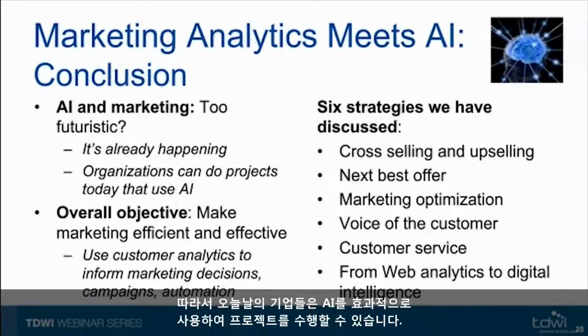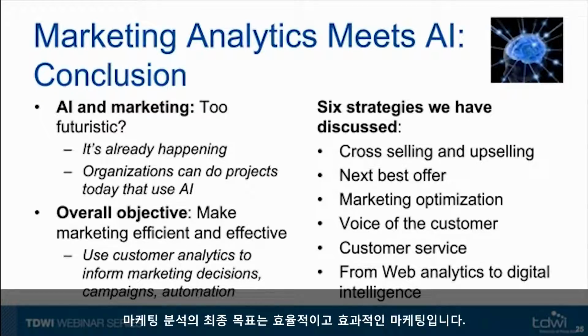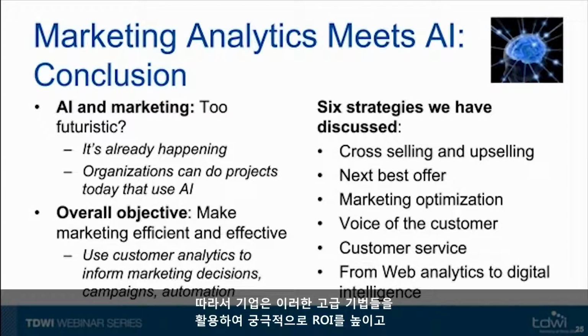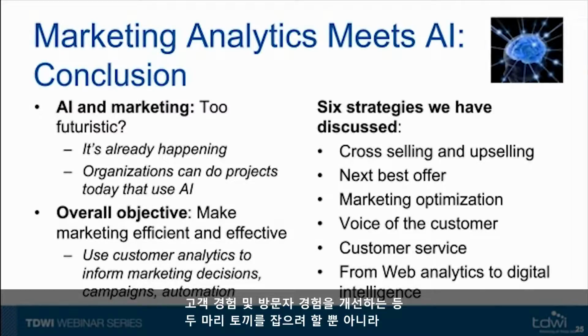So organizations can do projects today that use AI and use it effectively. The overall objective, thinking back to the idea of marketing analytics, is to make it efficient and effective, using these more advanced techniques to improve those two goals and ultimately to improve the return on investment, ROI, and improve the customer and visitor experience.